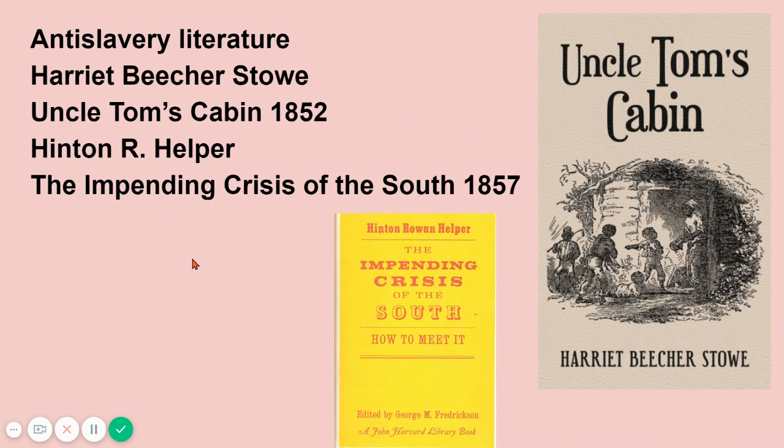Other events are going to add fuel to the fire that only increase this hatred for one another. By the 1850s, we're going to see anti-slavery literature, what you would call abolitionist literature. It's having a profound impact on society.